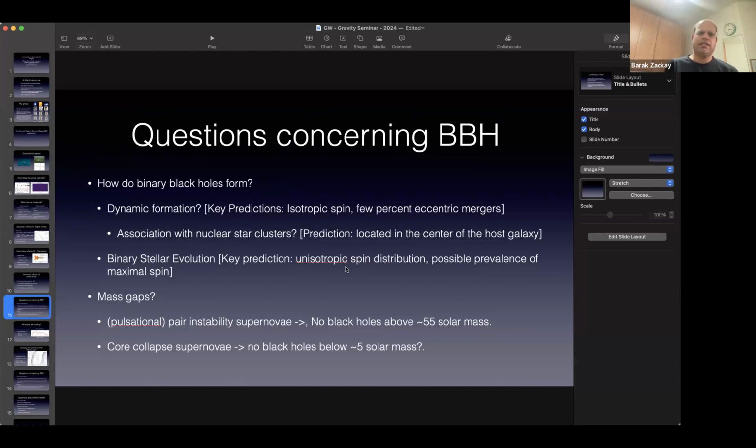Dynamic formation is a slightly more interesting situation in which you have a conglomerate of stars, either near the central black hole of a galaxy or just a globular cluster. In this conglomerate the stars become black holes on their own, and they decide on their spin from single stellar evolution.